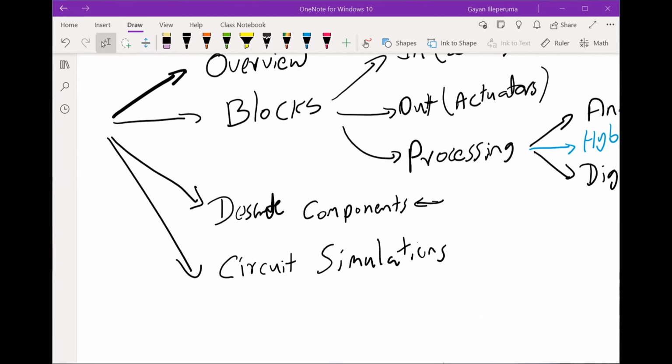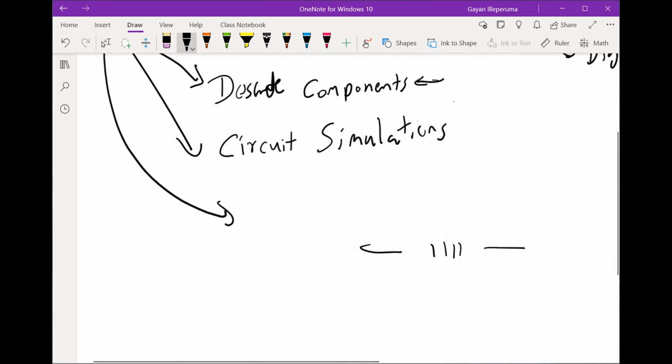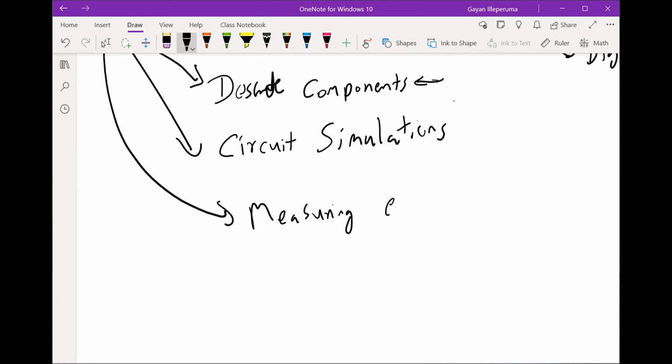Last but not least, we will learn about the measuring equipment. Although I say measuring, it can be debugging as well.